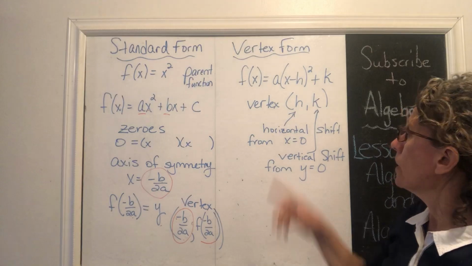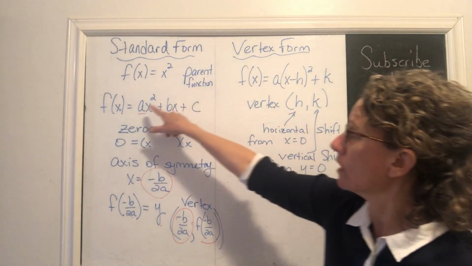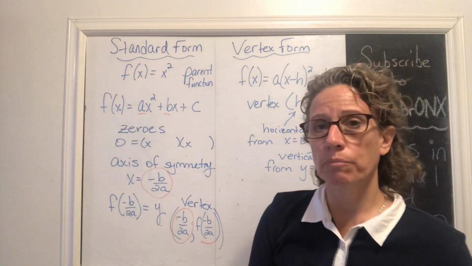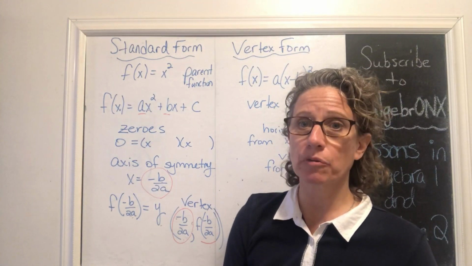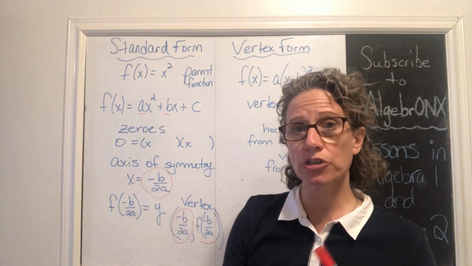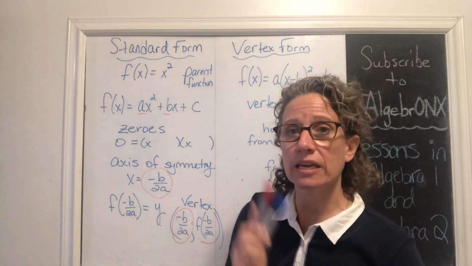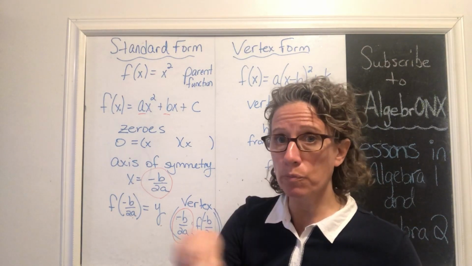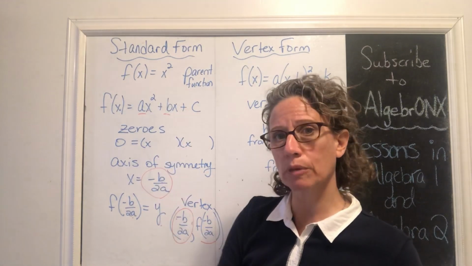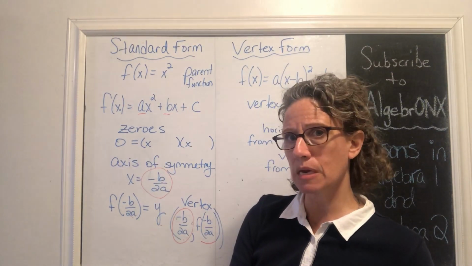The a here and the a here both change the shape of the parabola in terms of whether it's stretched, compressed, or flipped upside down. If a is positive, you have an upward facing, concave up parabola with a vertex that's a minimum.